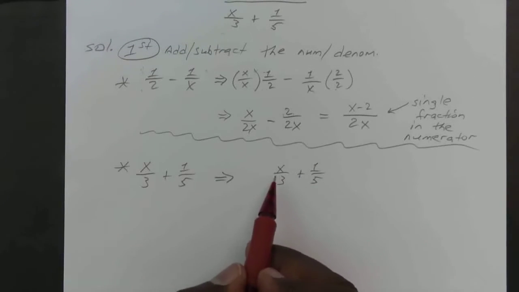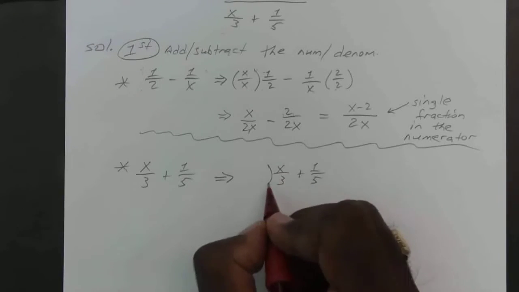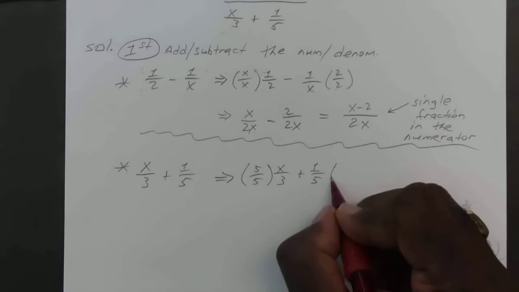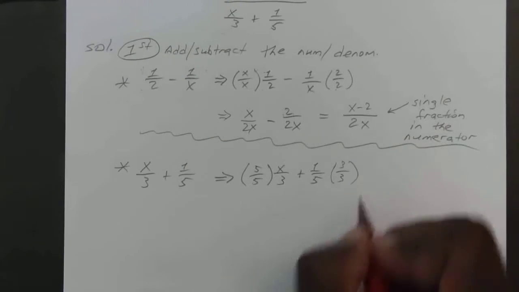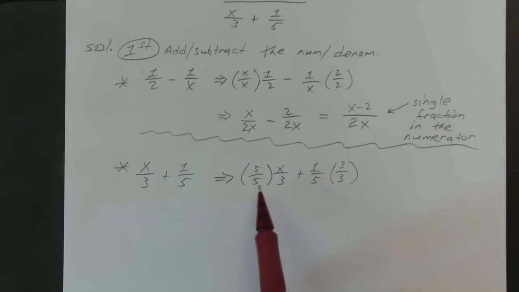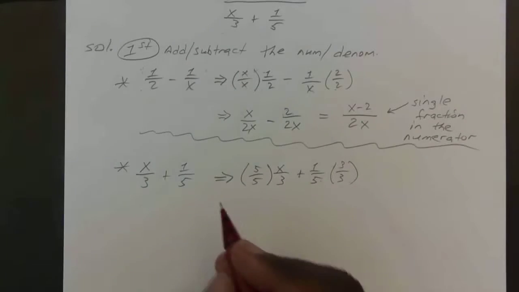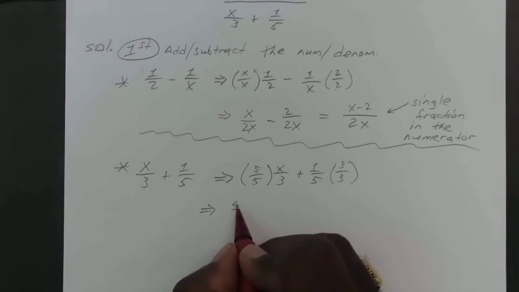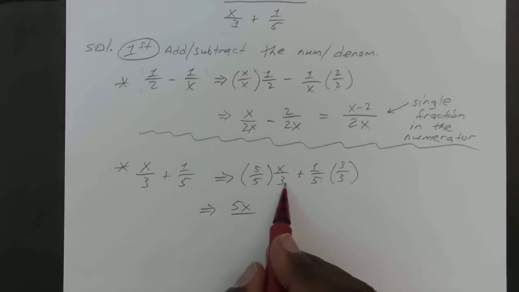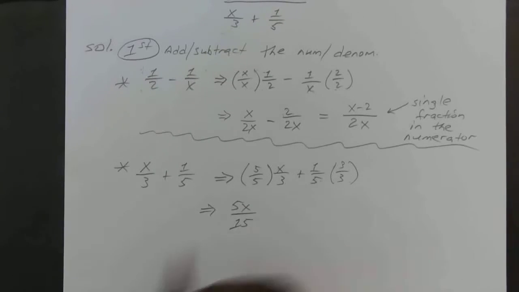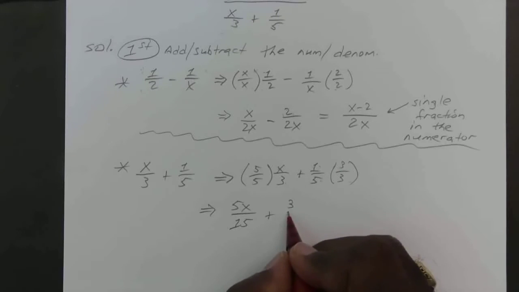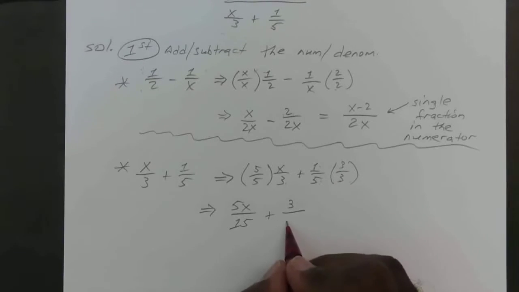Multiply this one by 5 over 5, and multiply this one by 3 over 3. Okay, so we have 5 times 3 and 5 times 3, so both will have a denominator of 15. Okay, so we have 5 times x in this numerator over 5 times 3, which is 15, plus 1 times 3 here, which is just 3, over 5 times 3, which is 15.